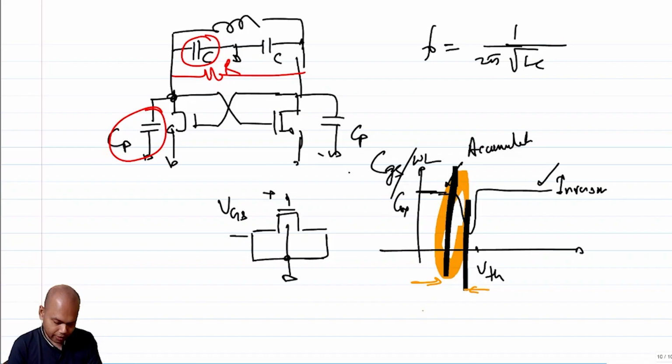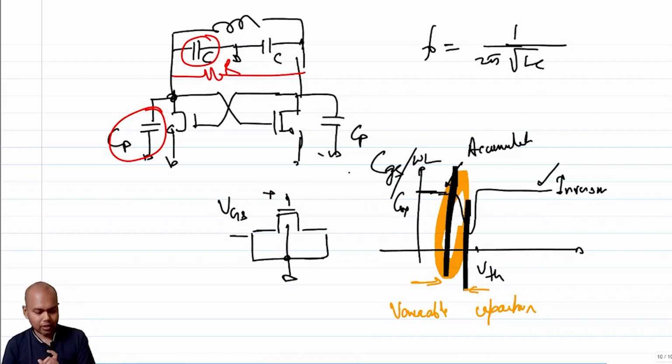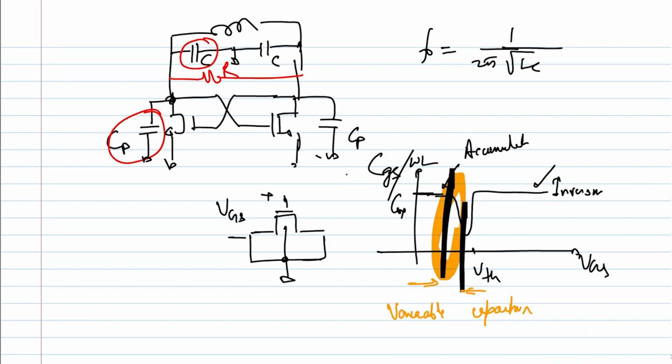In this region, I have a variable capacitor, and the controlling variable is VGS. So hence this is called a varactor. It's called a varactor configuration.